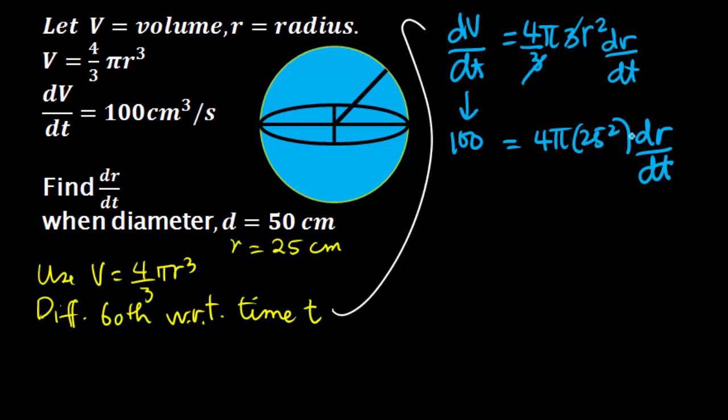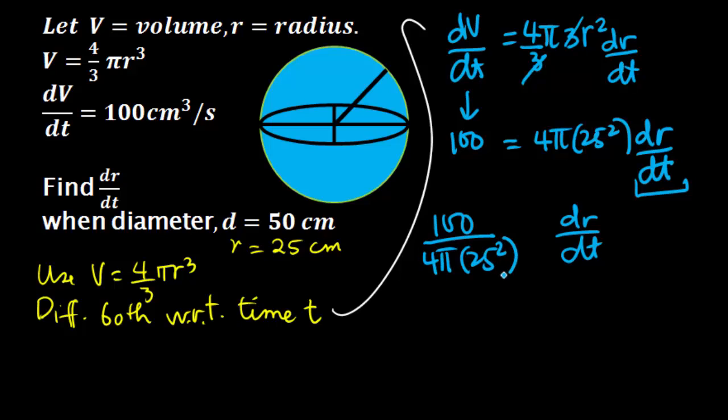Remember, that is the unknown. That is what we want to find. So we need to solve for this quantity. Moving the coefficients to the left side, we see that dr by dt equals 100 divided by 4 pi times 25 squared. And the rest is just this cancels out, and one of the 25 is left.